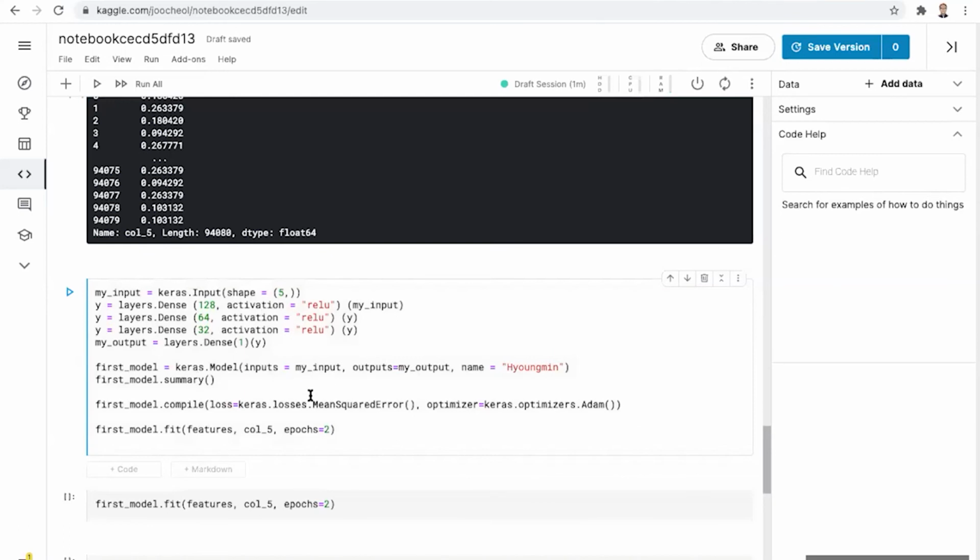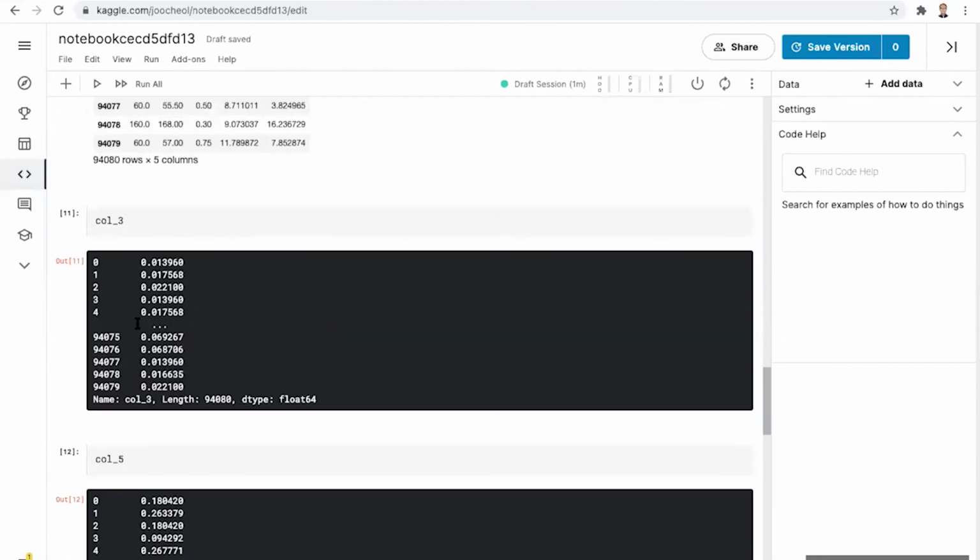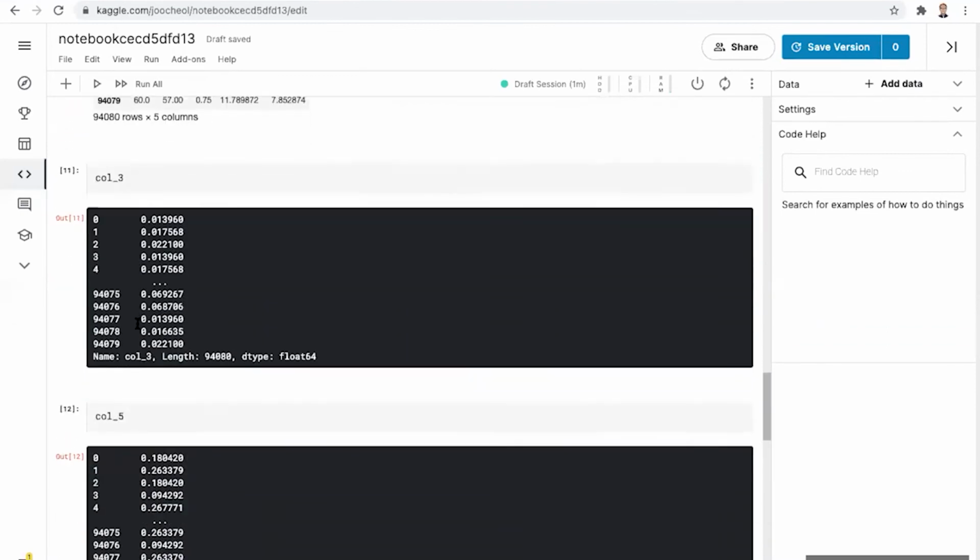And I said, this is my first model, but I'm gonna show you how to make my first model to predict column 8. Oh, do I have a column 8? Oh, I don't have a column 8 yet here.